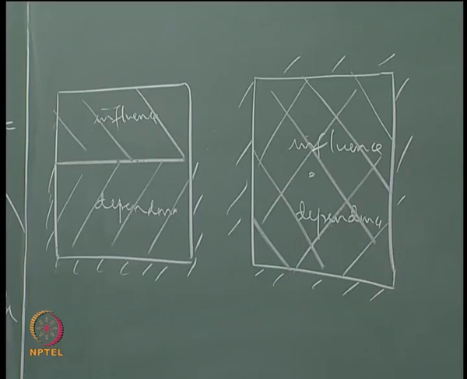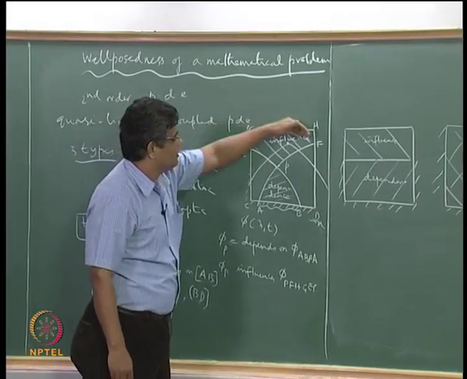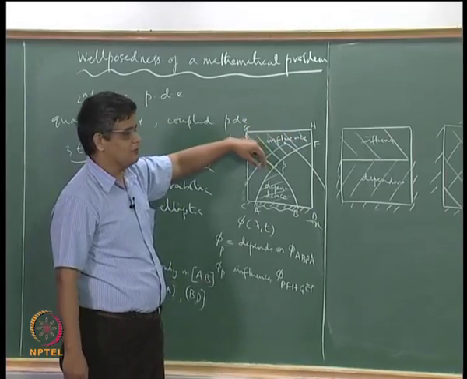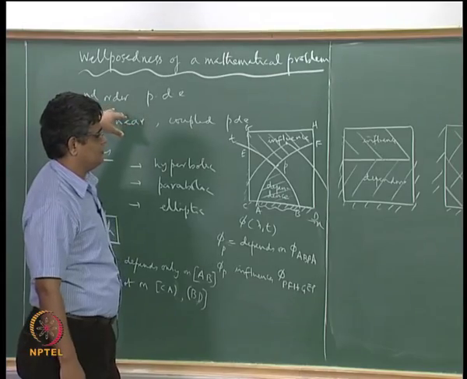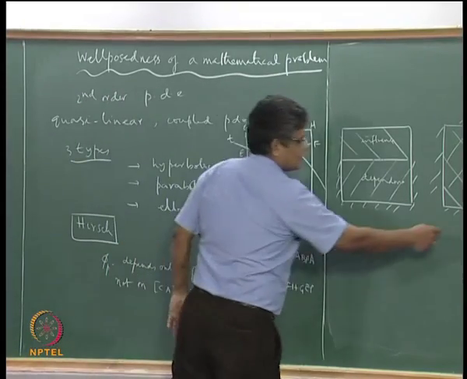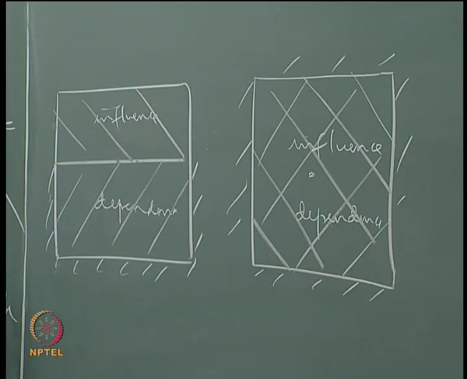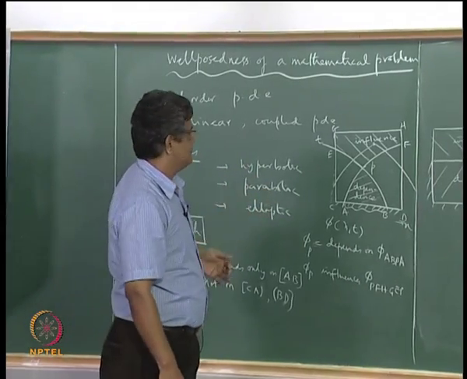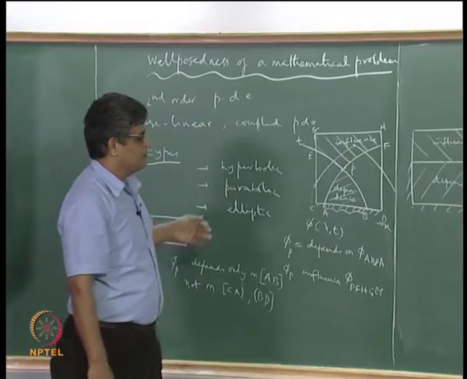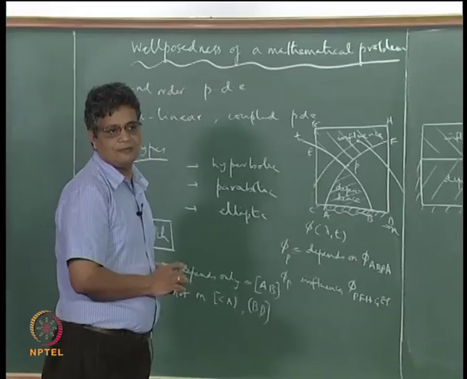Okay, so in a hyperbolic problem, to include the influence of all the boundary conditions on the solution at every point will be incorrect. It will lead to ill-posedness of the solution. In the case of elliptic, not to include some part of the boundary in the calculation procedure will lead to ill-posedness. So it is in that sense we have to consider the well-posedness of a mathematical problem and specify the initial and boundary conditions appropriately.